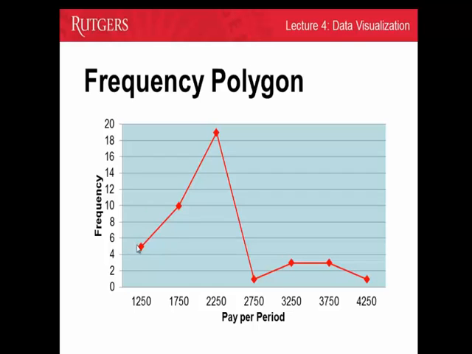So you can see that this point is the midpoint of the first bar in the histogram that I showed you in the last slides. Then I find the midpoint of each bar in the histogram and connect them together to form this line chart, which is called a frequency polygon.